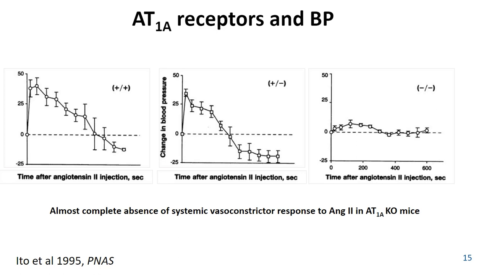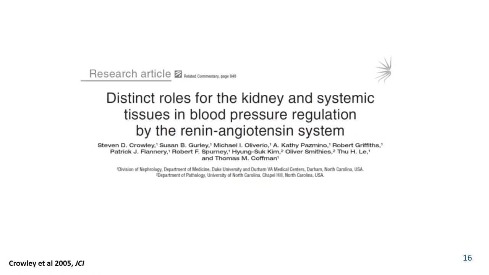The AT1A knockout mouse, since its phenotype is so profound in both the basal state and in infusing acute angiotensin 2, is considered the mouse analog of the human AT1 receptor. And thus, we focus most of our studies on the AT1A knockout mouse.